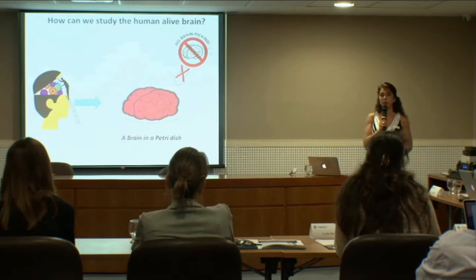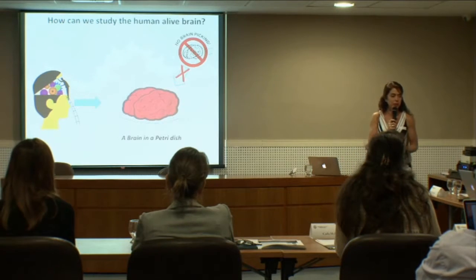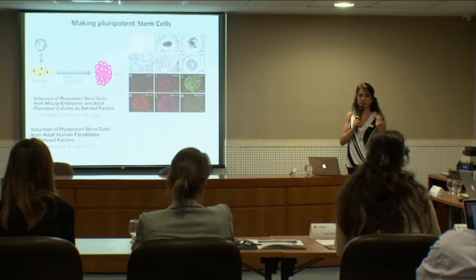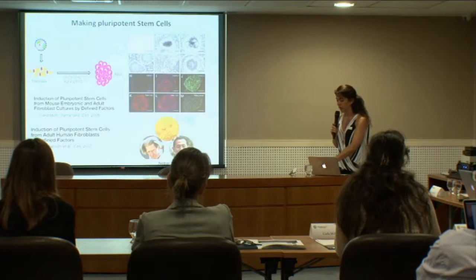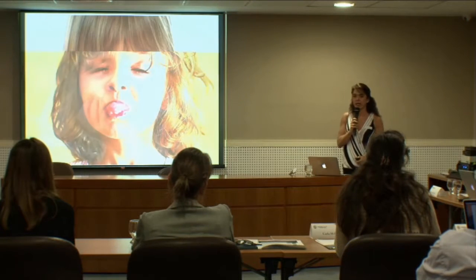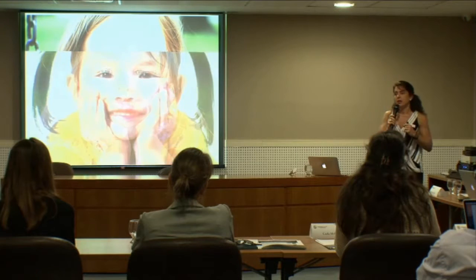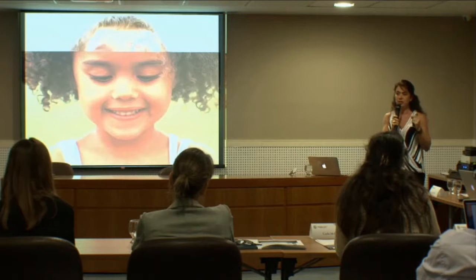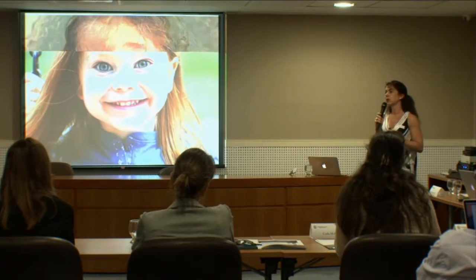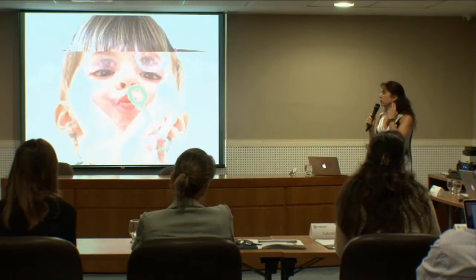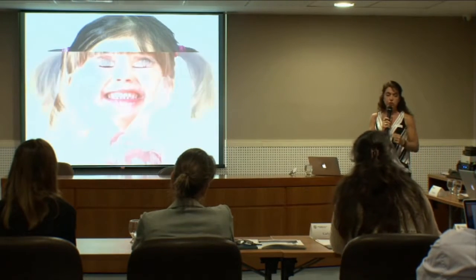So we have a problem. How do you study a brain in a dish without doing brain biopsy, especially for autistic people? I'm not talking about iPS cells yet, but since then we can make mini brains in a dish, and we do this in our lab. For autism it's really relevant to use iPS cells to model autism and to make brain organoids in the dish, because every brain is unique, right?